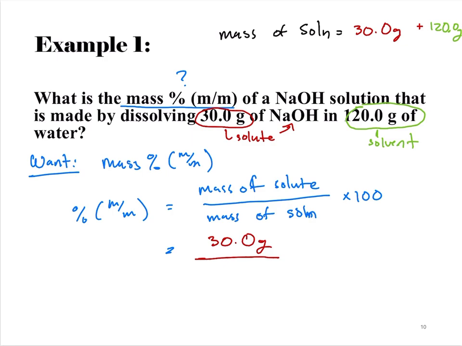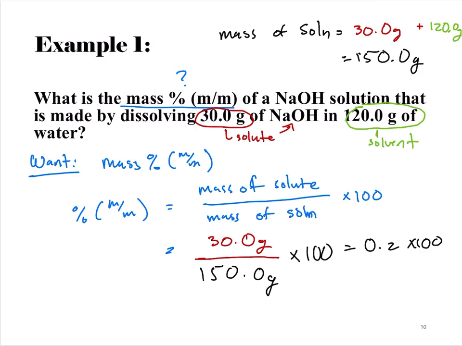Because the mass of the total solution in the end is 120 plus 30, it's going to be 150. So this is equal to 150.0 grams. And we multiply that by 100. And so this will be 0.2 times 100, and we'll get 20% mass to mass concentration.